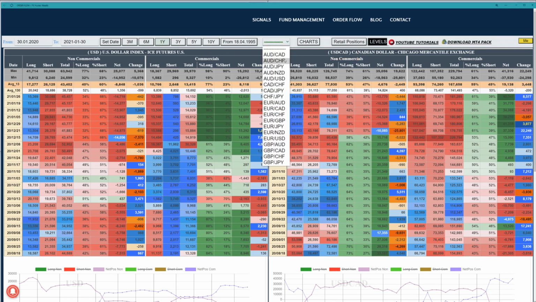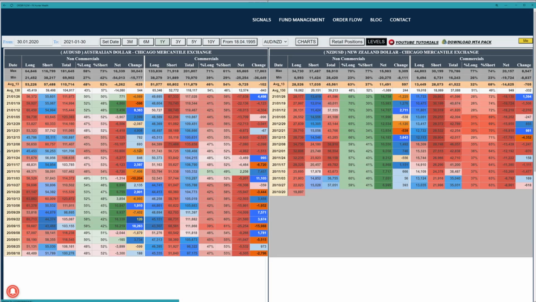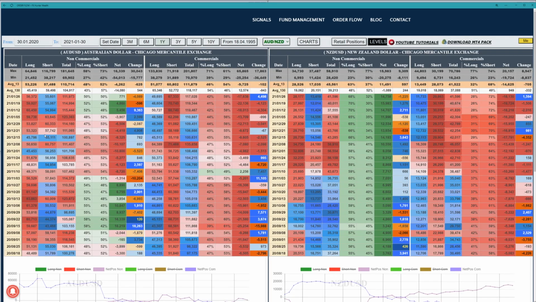Right now I will bring in another currencies, which will be, we want to see Aussie and Kiwi, so these two. So here is the Aussie. As said, we are seeing the profit taking, but the USD is still not strong enough, right?